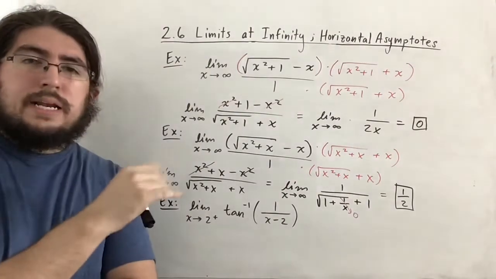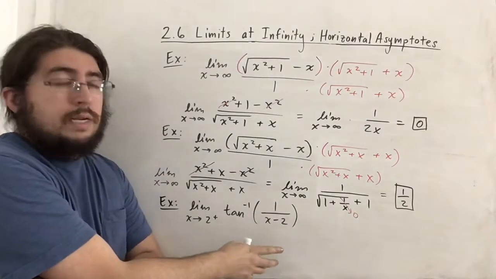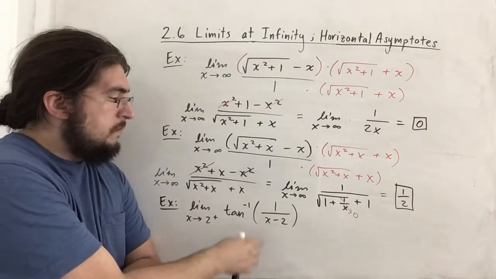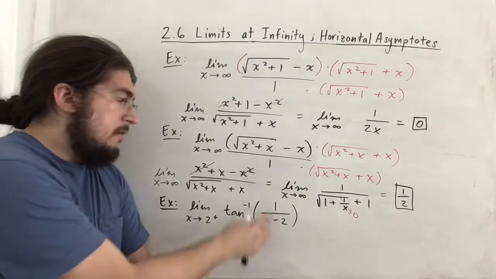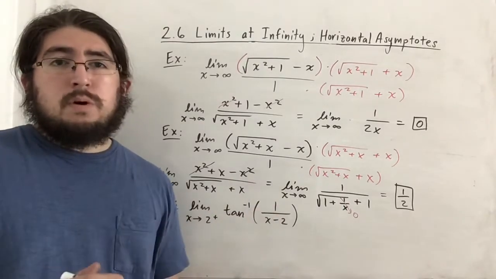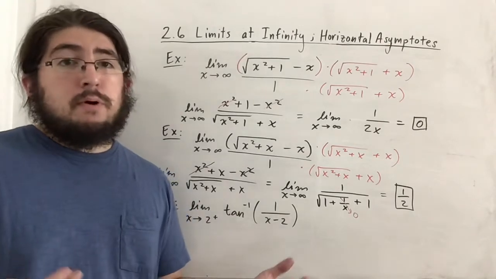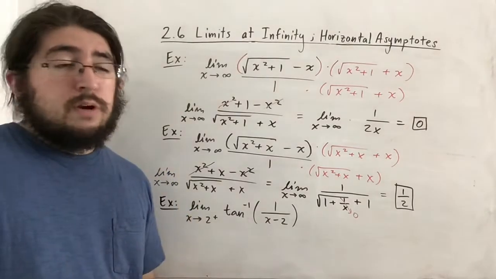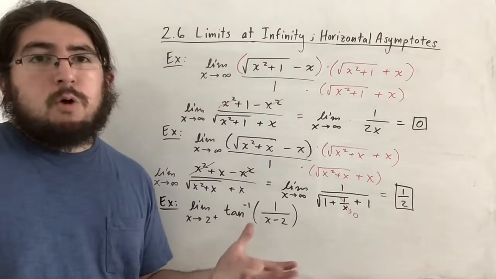But it actually kind of is, because as x goes to 2, the inside here will go to 1 over 0, because 2 minus 2 is 0. Now, 1 over 0 depends on what function we're looking at. It could be positive infinity or negative infinity or both, meaning the limit wouldn't exist. But here, since we're looking at a one-sided limit, the limit will always exist.